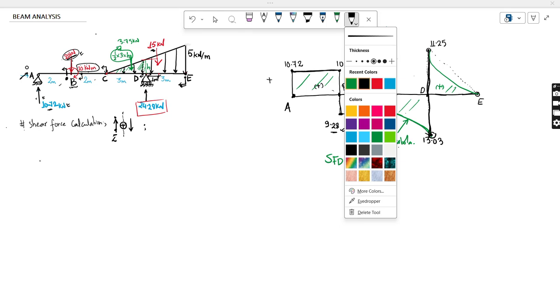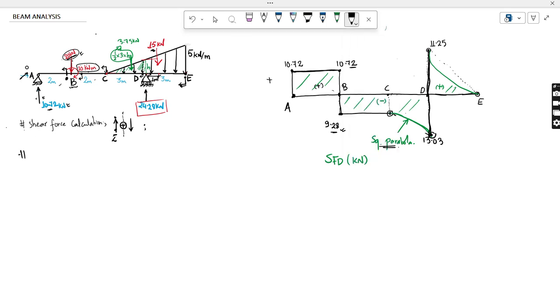Fine, so this is my shear force variation. Now let me change the color to black, and what I want to do now is the calculation of bending moments, represented by M. The sign convention, you always remember, is like this.